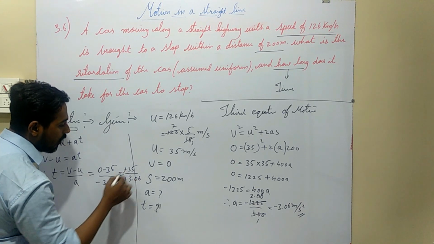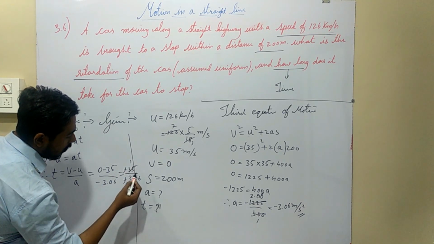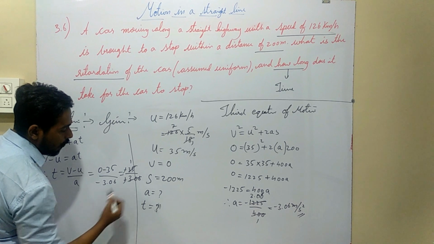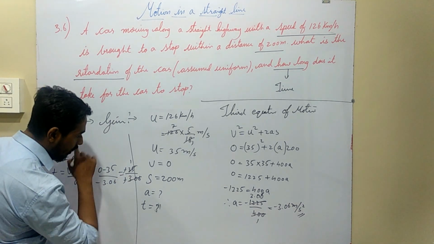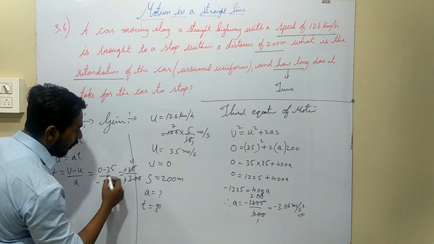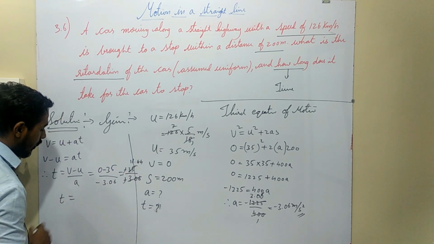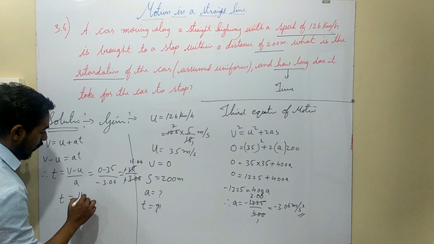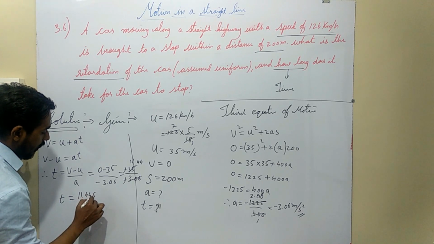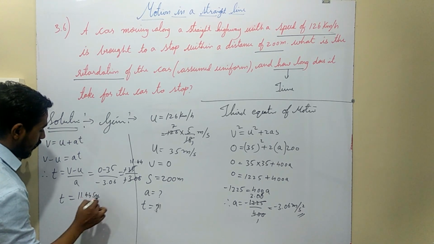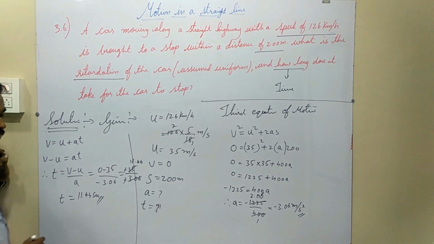Minus and minus cancel. 35 divided by 3.06 is nearly 11.44. Okay, so time t is equal to 11.44 second. This is the time.